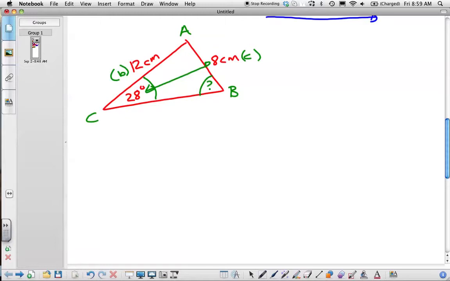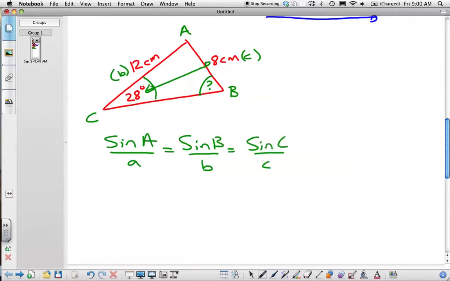Now because I'm wanting to find an angle, I'm going to use this form of the sine rule, and I'll write it out completely. So sine of B over b, it's a simple formula really to remember, over c. And I see, what have I been given? Well, I know nothing about a.